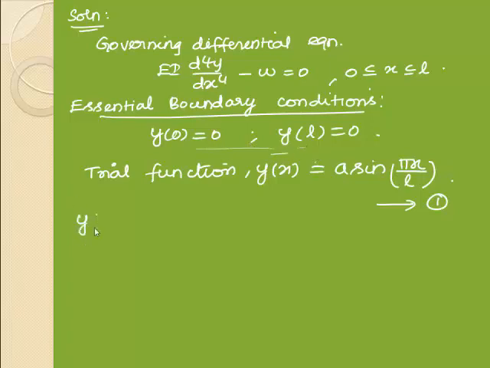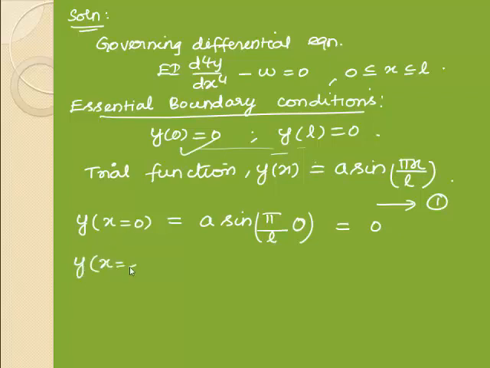So when x is equal to 0, the trial function a sin pi by L into x is 0. So sin 0 is 0. The first condition is satisfied, that is at x is equal to 0, y is equal to 0. Then we can check the second boundary condition.